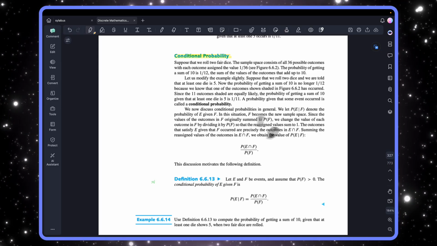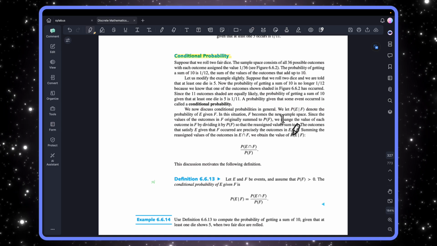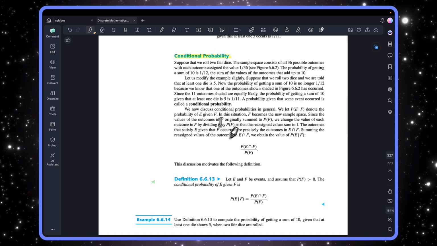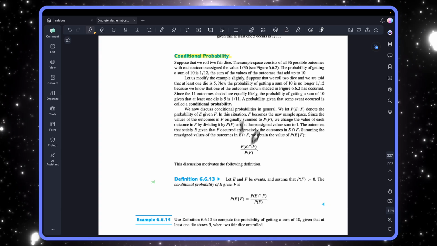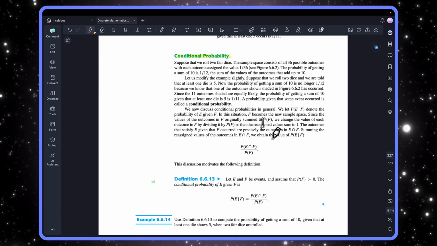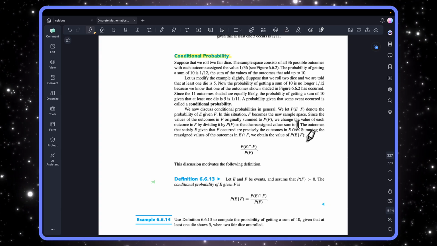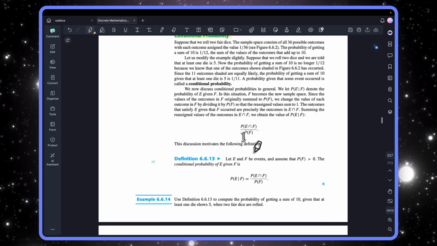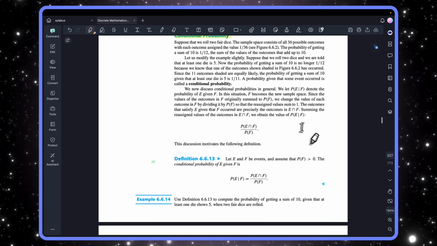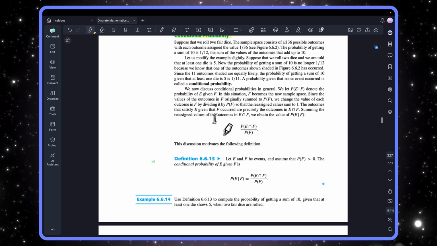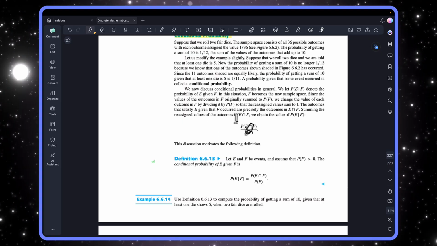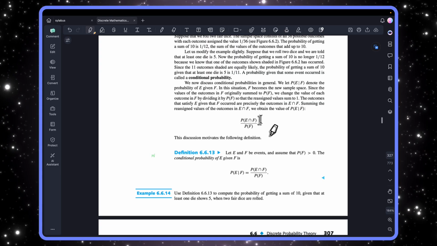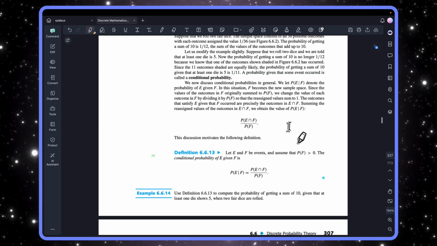In this situation, F becomes a new sample space, since the values of the outcomes in F originally sum to the probability of F. So we can change the value of the outcomes of F by dividing by P of F. So here you have it: the summary assigns the value of the outcome in E intersected with F. So you divide out the F, and you get the correct answer.